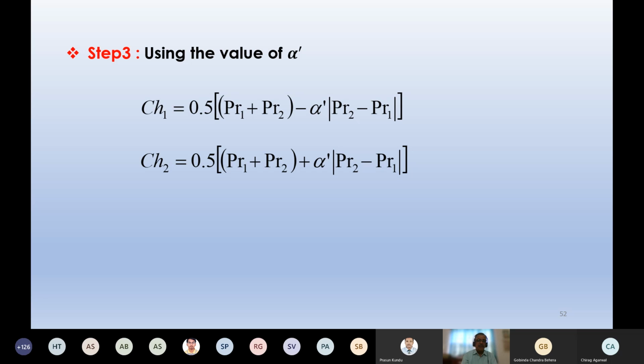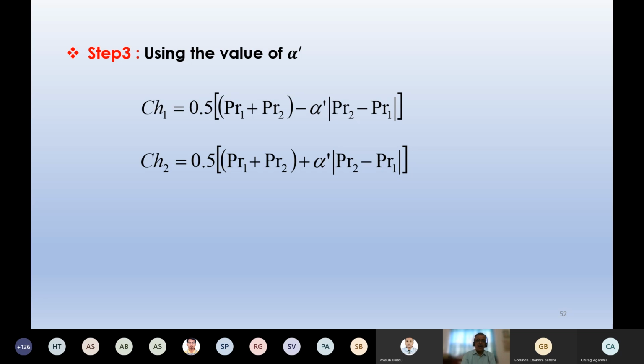Once I have the value of this alpha prime, I can very easily find child 1 and child 2. Knowing the value of alpha prime and the values of PR1 and PR2, how to find child 1 and child 2, that I'm going to discuss. To find child 1 and child 2, first we consider the average of the two parents, that is, PR1 plus PR2 divided by 2, that is 0.5 multiplied by (PR1 plus PR2).